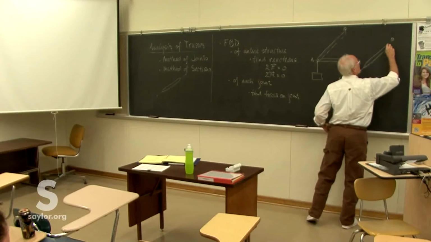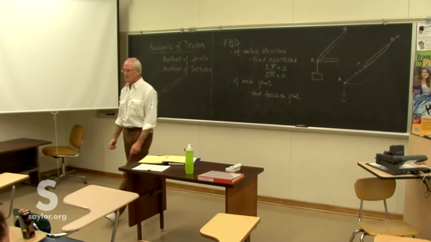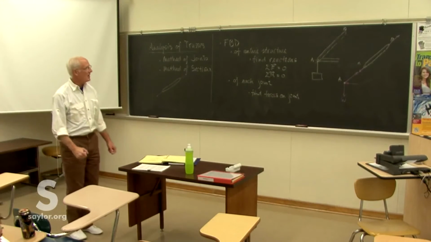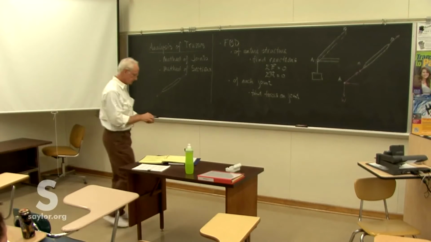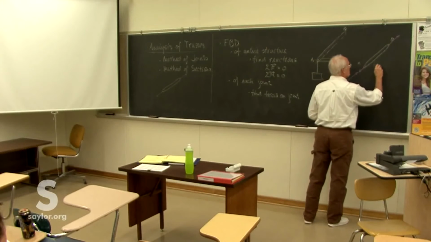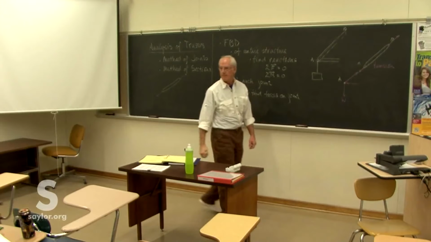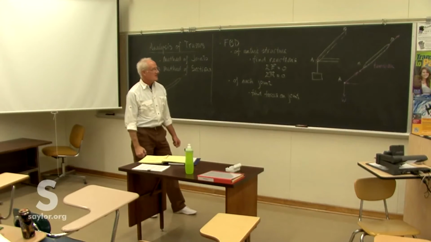So we know that now the force in member AB must be something like that. And you can look at that and see that it is in tension because it's being stretched.